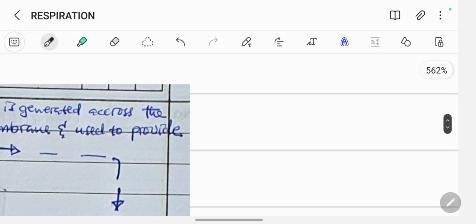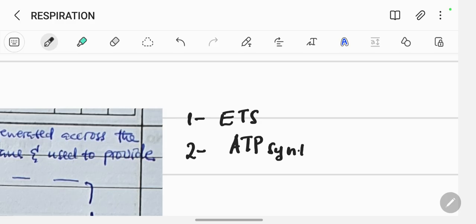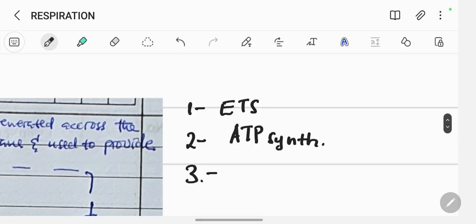Factor number 1, process 1, is the electron transport system and how it links up with phosphorylation, which is ATP synthesis.